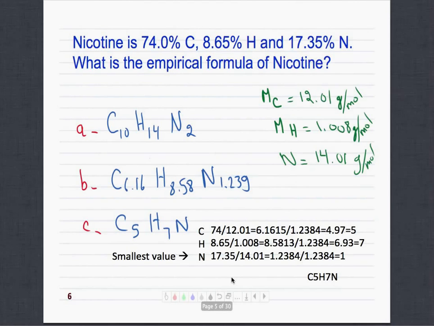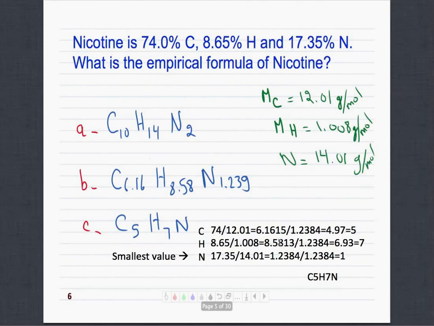And the answer for this is going to be 6.16 moles. Now the number of moles of hydrogen is the mass over the molar mass, and it is 8.6265 over 1.008 grams per mole, and that number is 8.58.